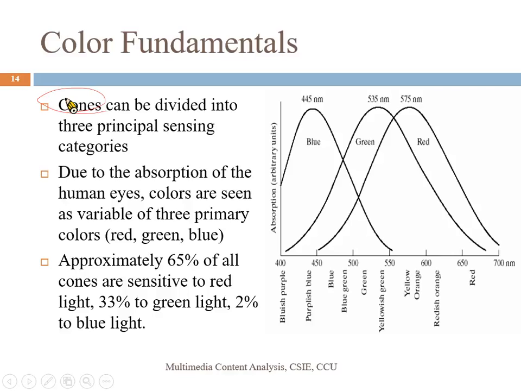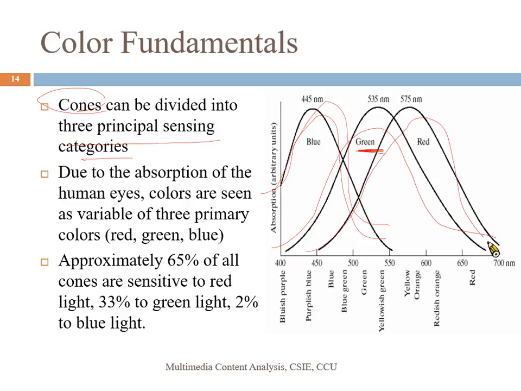And basically, cones can be divided into three principal sensing categories. One category is sensitive to shorter wavelengths, that is, they are more sensitive to blue. One category is sensitive to middle wavelengths, that means they are more sensitive to green light.